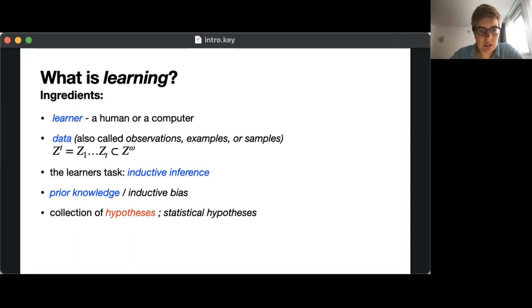And in our context, machine learning and statistics, hypotheses are often expressed as a probability distribution over a sample space, and we call those statistical hypotheses. A set of statistical hypotheses is called a statistical model or just a model. And a model captures the background assumptions mathematically. So it's a simplified description of the part of the world that we consider relevant.